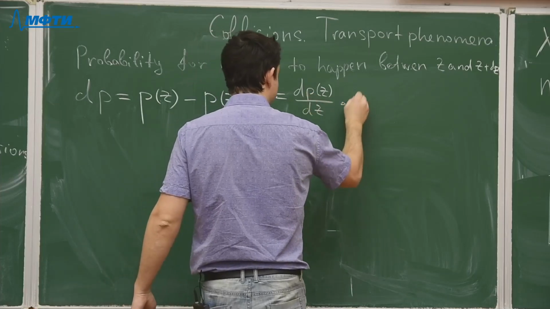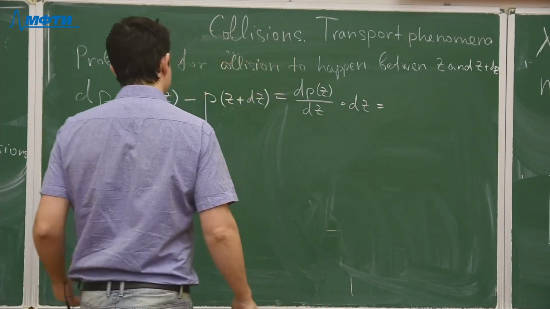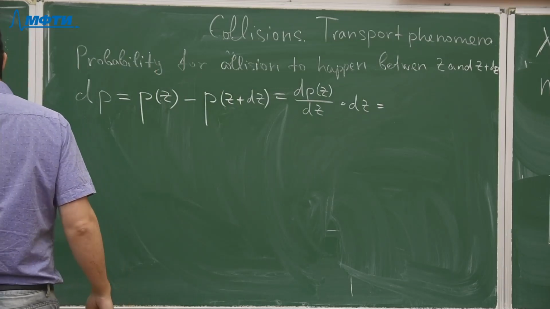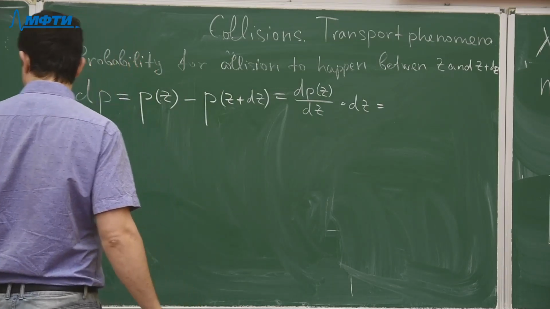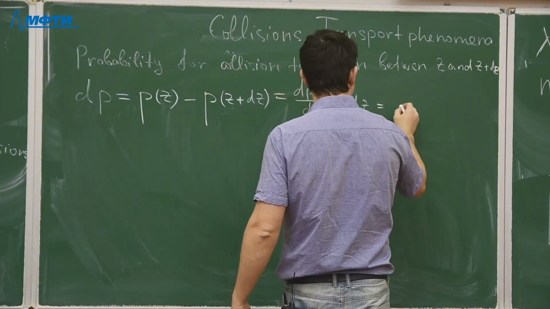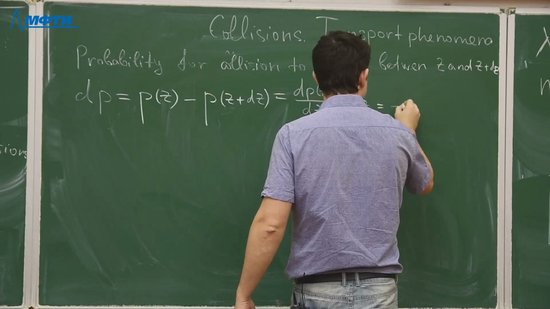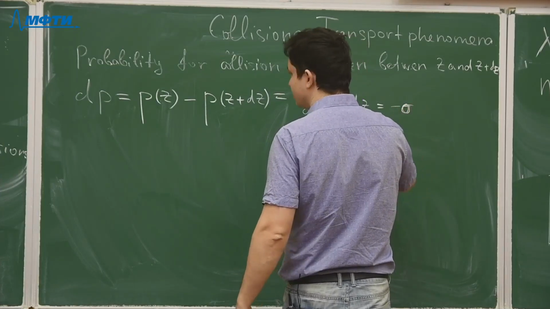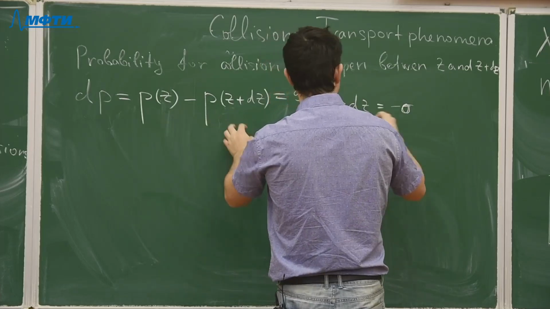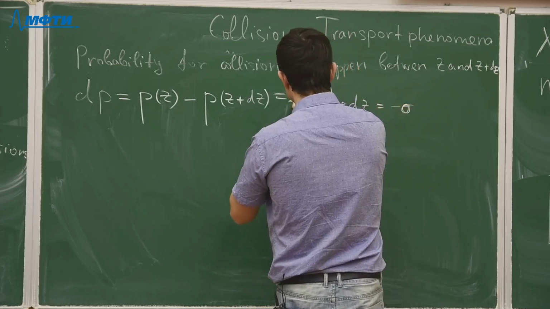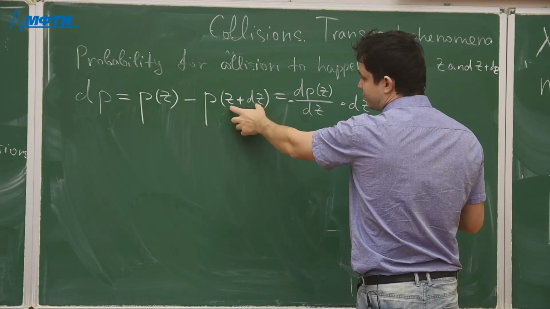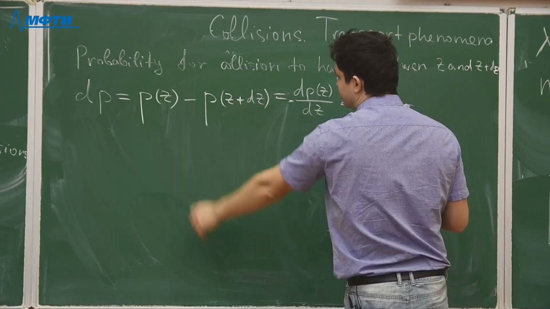times dz. So to get this density function, I just need to calculate the derivative of the function p of z, and that would be a minus derivative, actually, minus derivative times dz, because we subtract the function at the larger argument from the function at the lower argument.